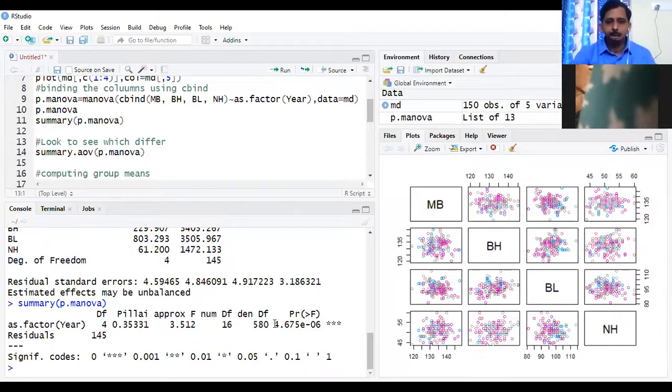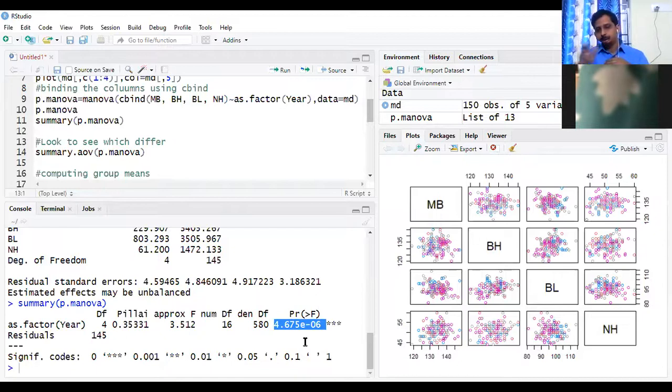So this showed a significant p-value, indicating that these four measurements on the whole have a variation over the years.